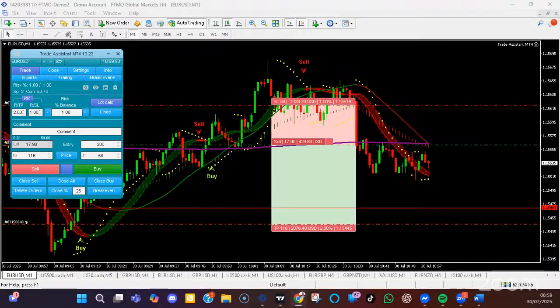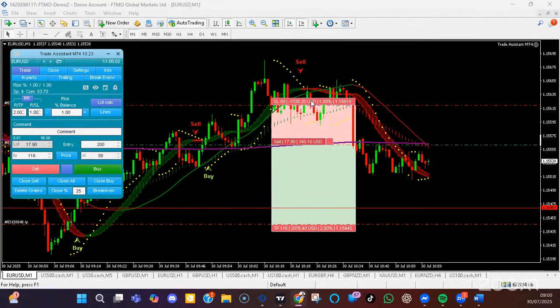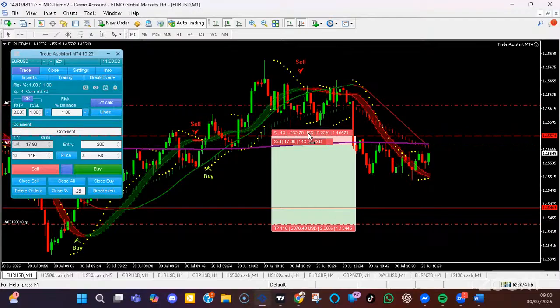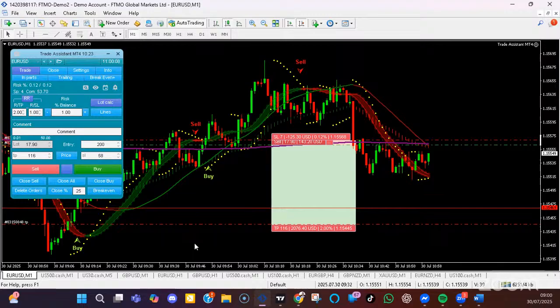I shouldn't say that because it makes me look stupid if it does. But I think now is the time to put my stop loss just above the purple line, so we get taken out. It's more or less a risk-free trade.